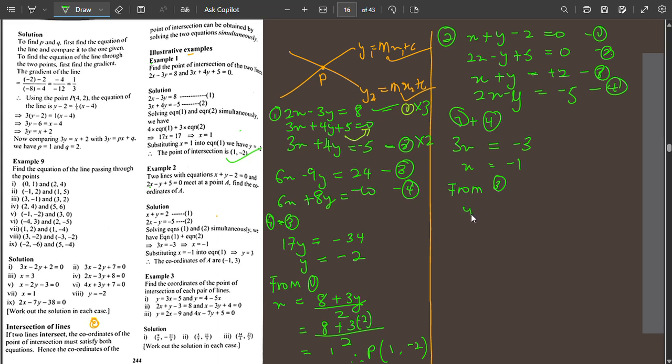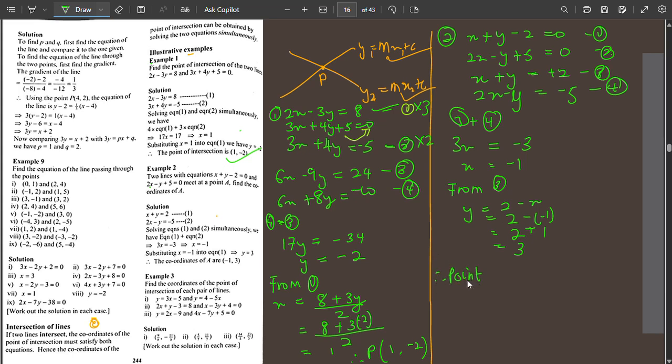From equation 3, what is y? y is equal to 2 minus x. So 2 minus x. x is minus 1 here. So minus minus 1, 2 plus 1. That is 3. So y is 3. So the point of intersection.